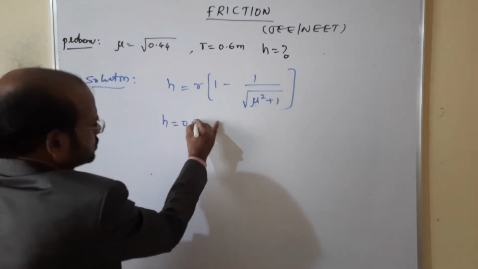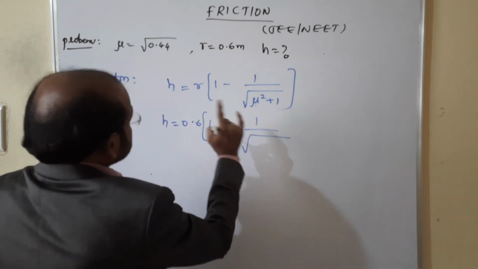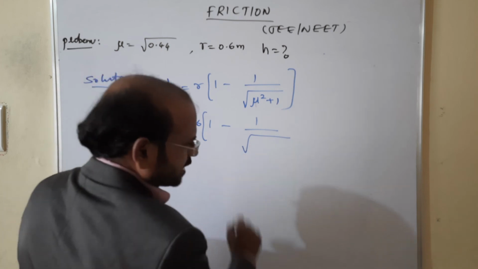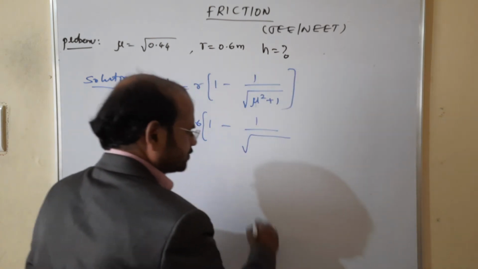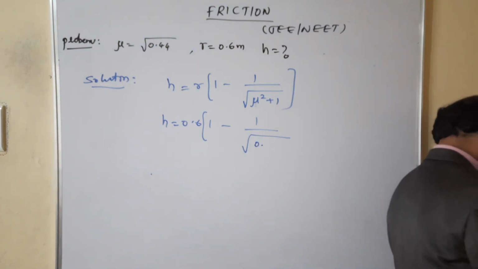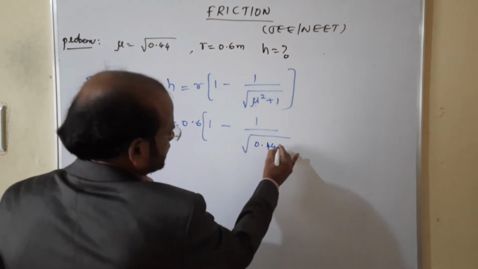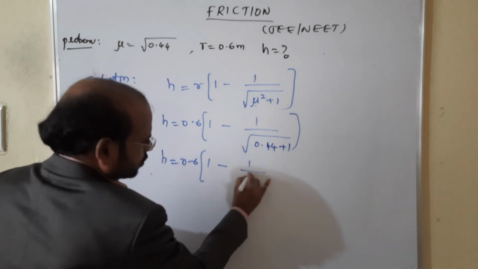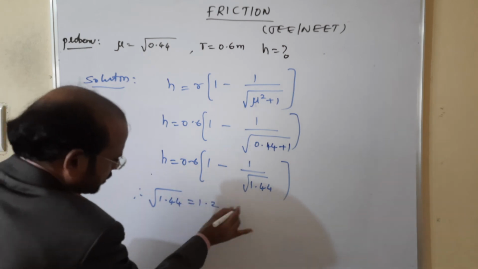It's very simple, and it is related to JEE and NEET. Here mu is root over 0.44, so mu square is 0.44, and mu square plus 1 is 1.44. Then h is equal to 0.6 of 1 minus 1 by root over 1.44, and root over 1.44 is approximately 1.2.